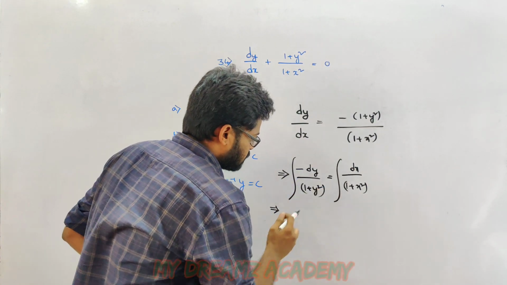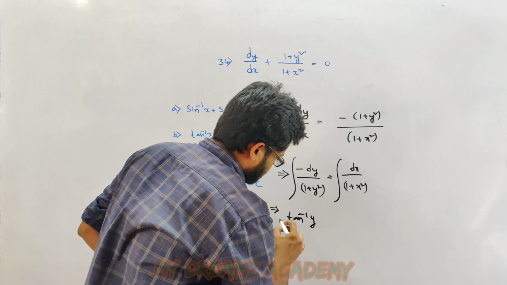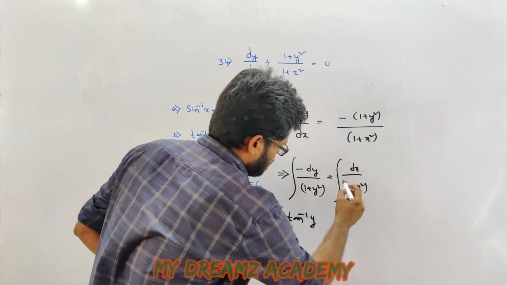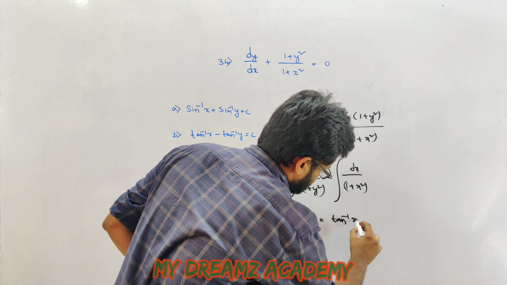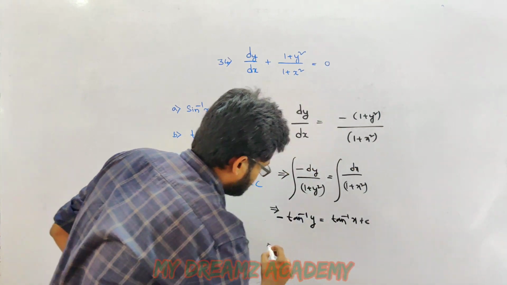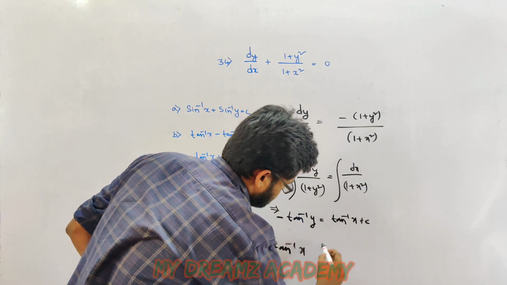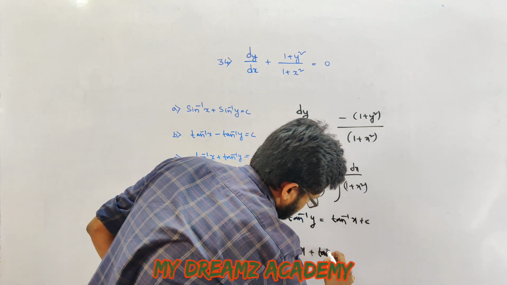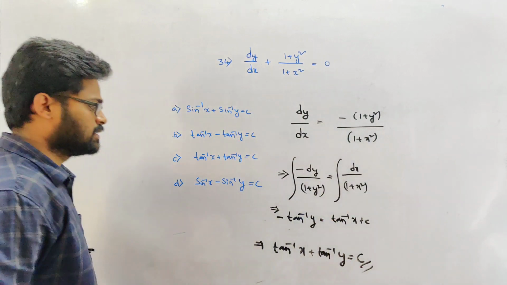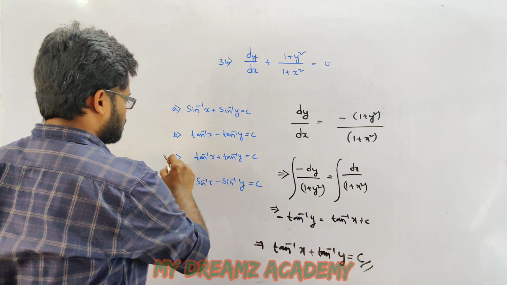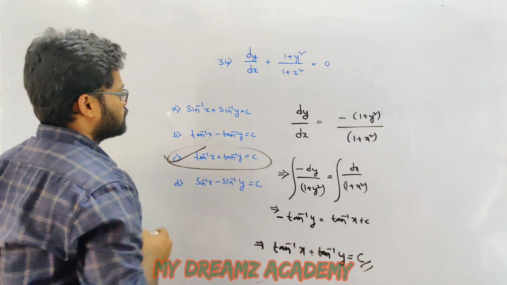Integration of 1 by (1 plus y square) will give tan inverse of y, and is equal to minus, this will give tan inverse of x plus c. We can also write this as tan inverse of x plus tan inverse of y is equal to constant c. That is option C.